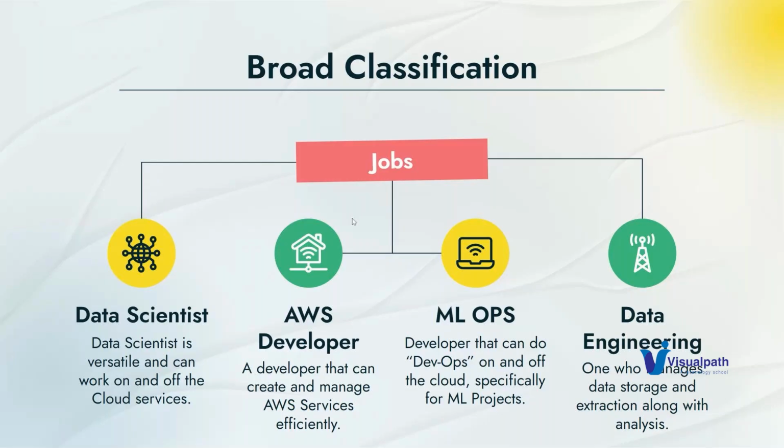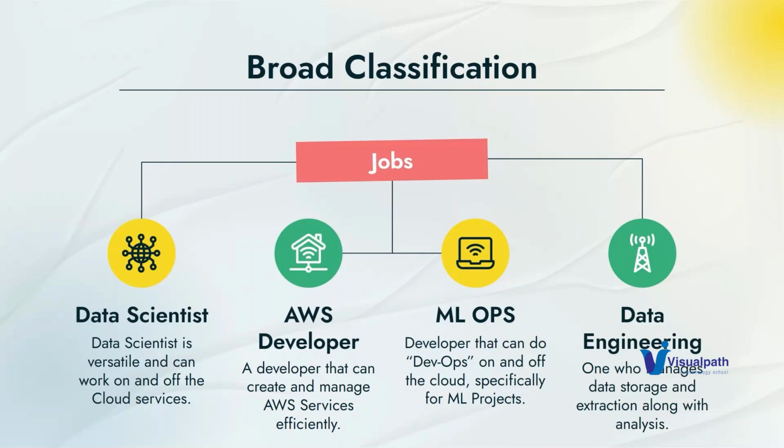On the flip side, there is MLOps. MLOps doesn't really have to work on a set of cloud infrastructure. They can work on and off, but their most important lookout is to develop an infrastructure, deploy this infrastructure as code, and maintain the ML projects that you have already deployed using this infrastructure as code, or code as service.